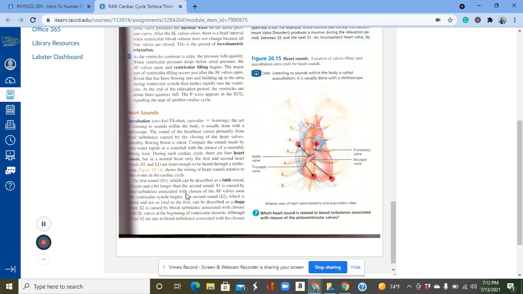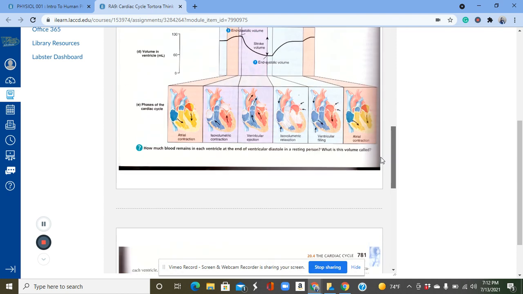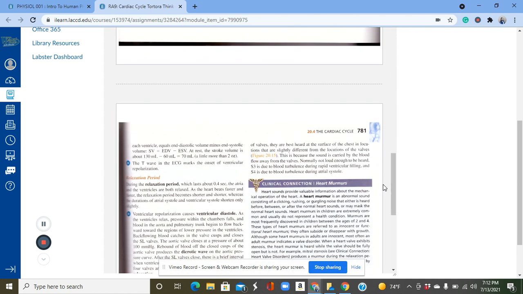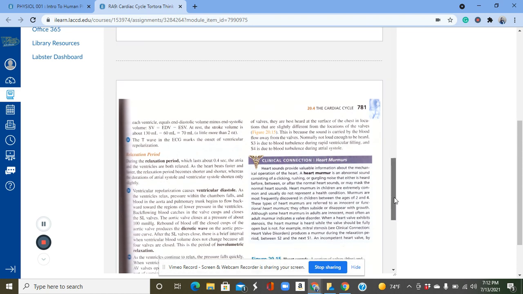And the second heart sound is caused by the closure of the semilunar, or the aortic and pulmonary valves. And the third sound is due to rapid ventricular filling, and S4 due to atrial systole.